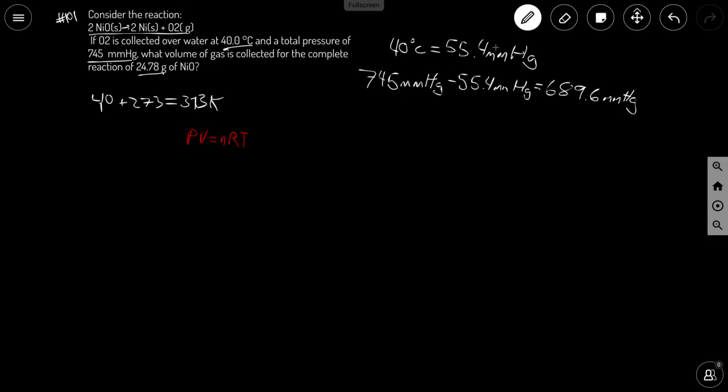All right, so we're also going to need a pressure, and we already found a pressure here, but we can't use millimeters mercury. We need to convert it to atmospheres.